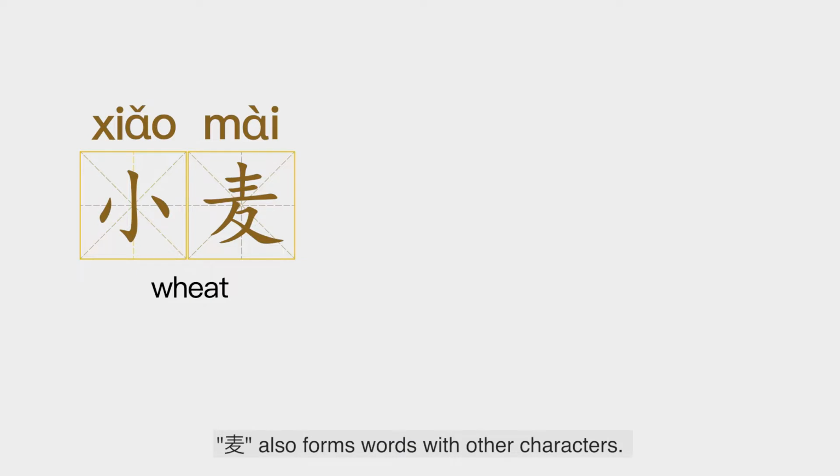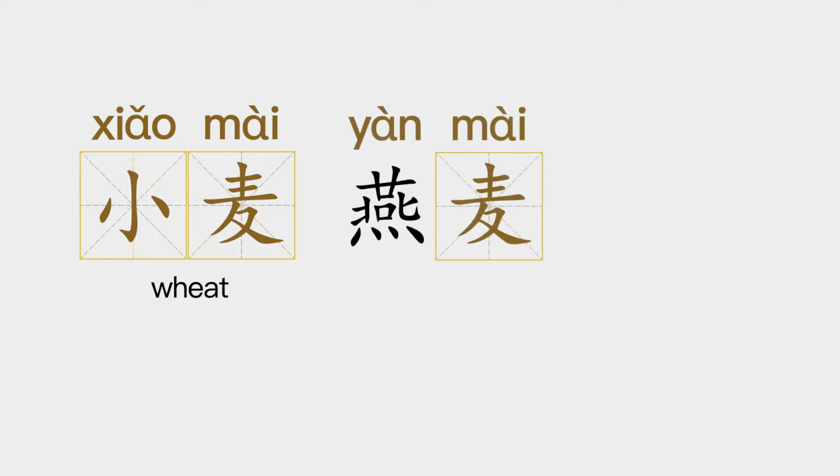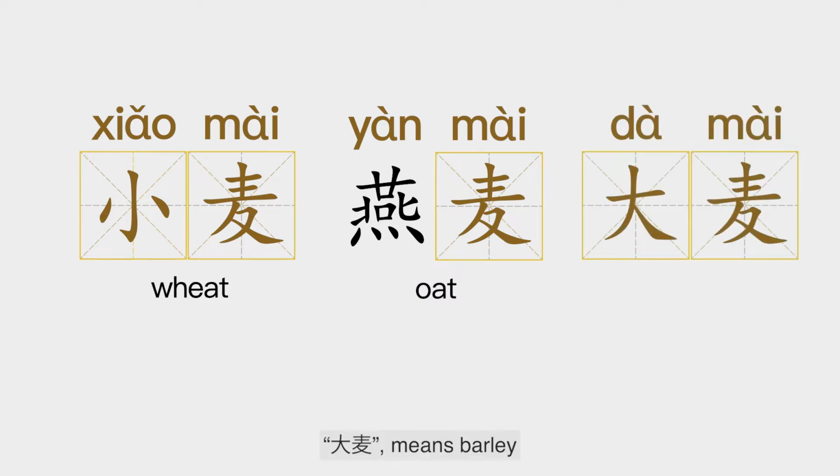Mai also forms words with other characters. For example, yan mai means oat. Da mai means barley.